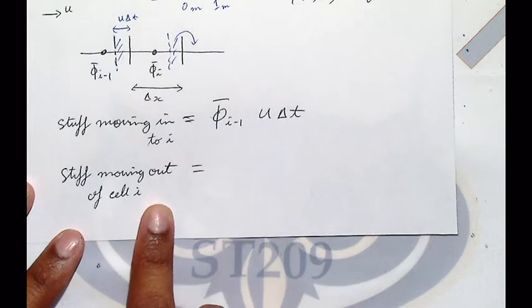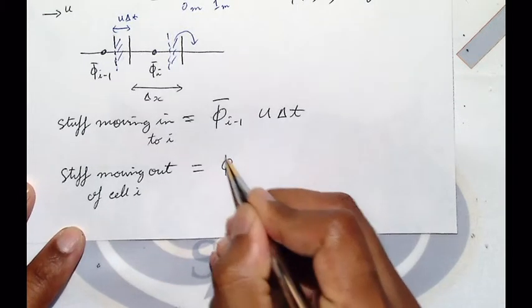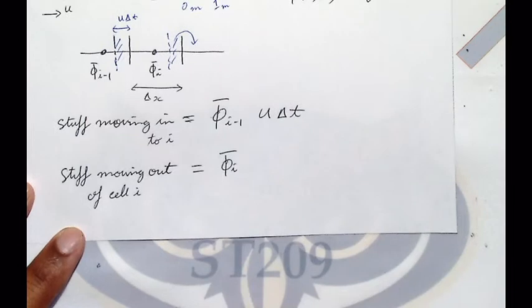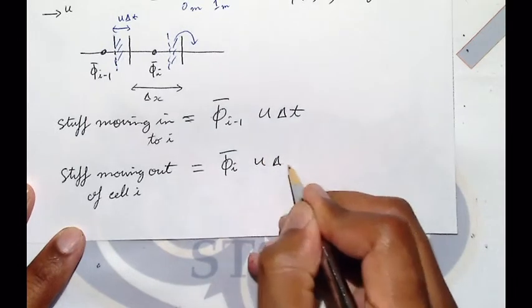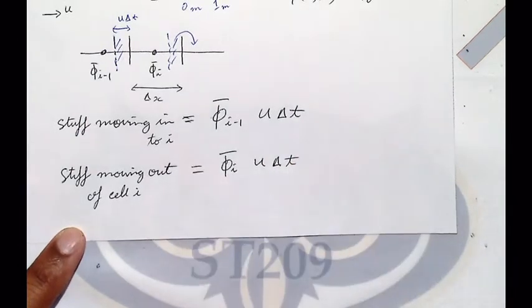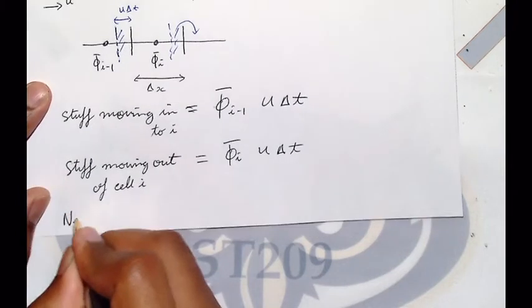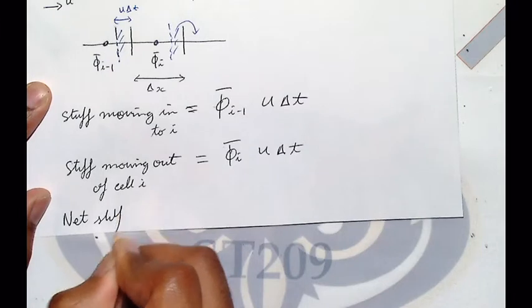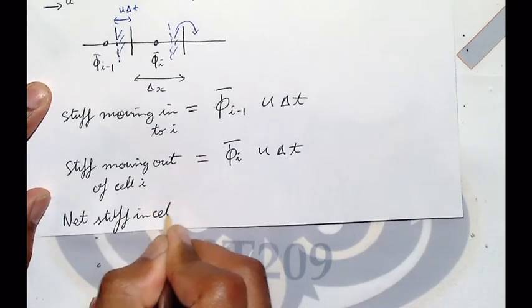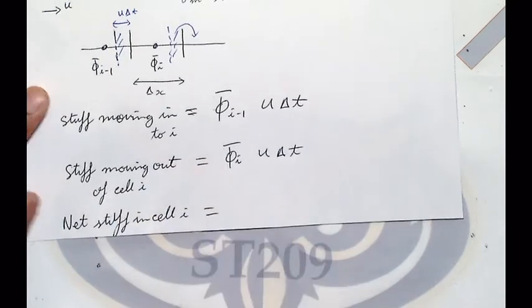So phi i u delta t. All right, perfect. So the stuff remaining in cell i. The stuff in cell i is equal to what?